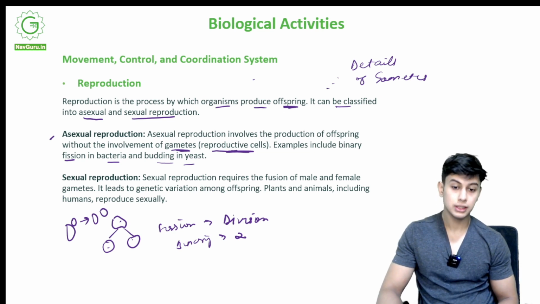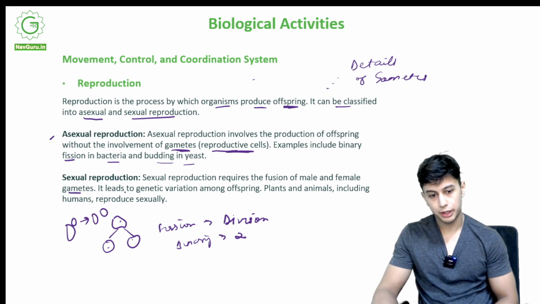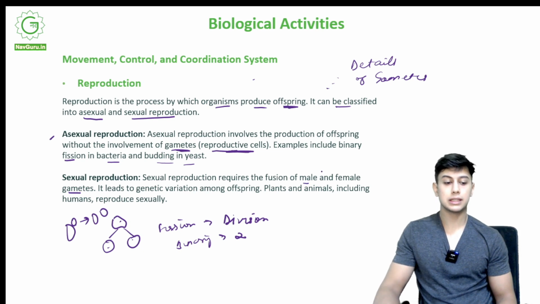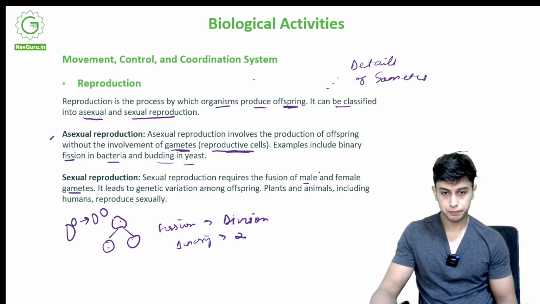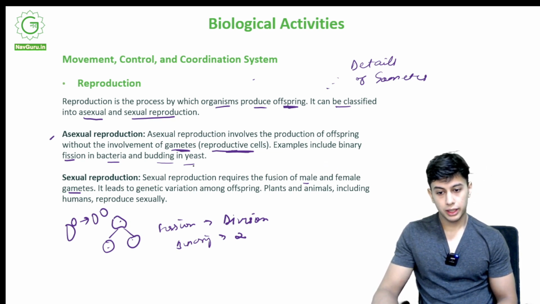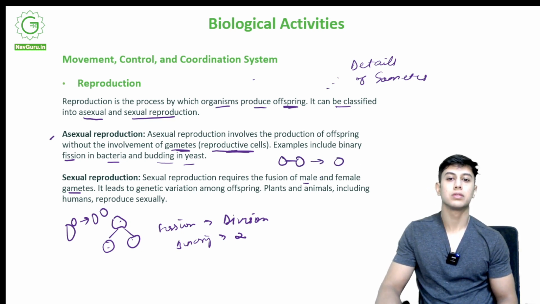Sexual reproduction requires the fusion of male and female gametes. Like I told you, it involves fusion. Now fusion is the opposite of fission, right? Fusion means combining, to combine to form one.